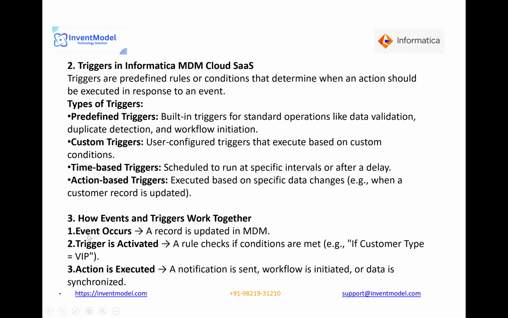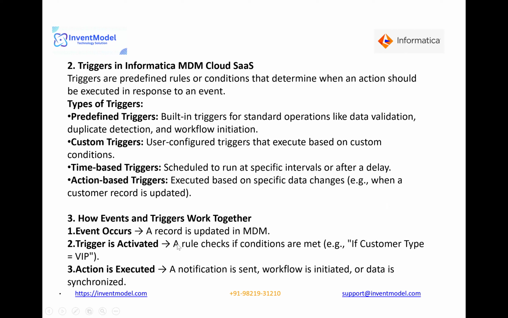First, an event occurs. A record is updated in MDM. This is the event that occurs. Based on this, a trigger is activated. A rule will check if the conditions are met, for example, if customer type equals VIP.